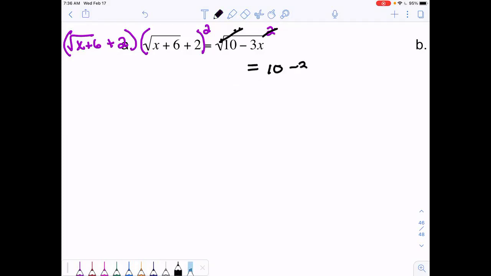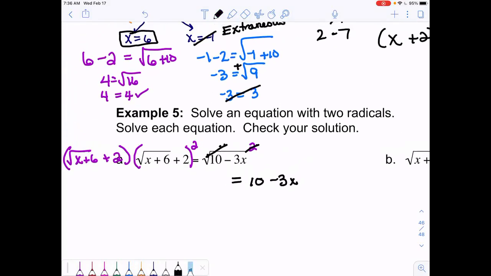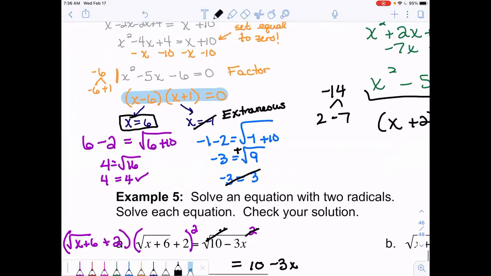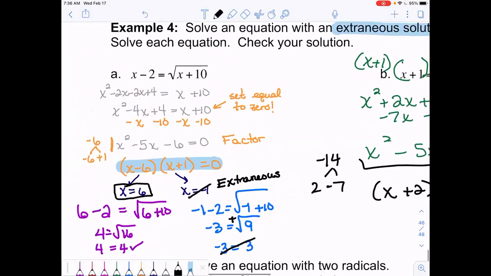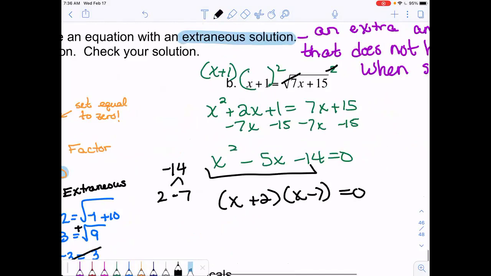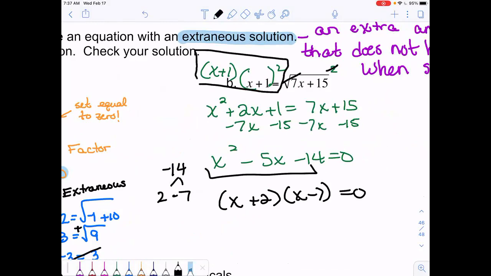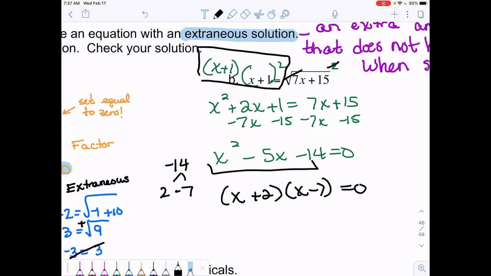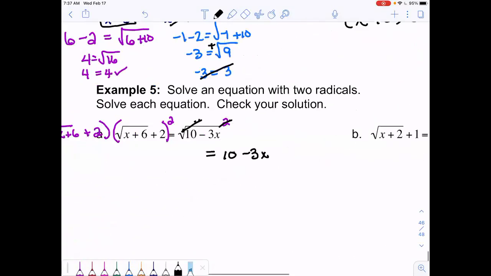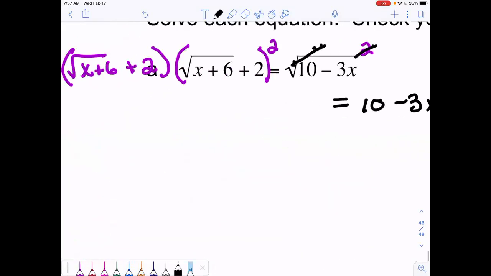Yesterday we FOILed our problems on the left side because we had a quantity that was squared. Over here you can see in example B, we FOILed this quantity together, x plus 1 times x plus 1. That was pretty easy to FOIL. We are going to FOIL these two quantities together that have radicals.